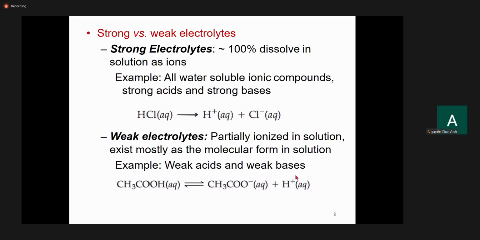So they are 100% dissolved in solution as ions.